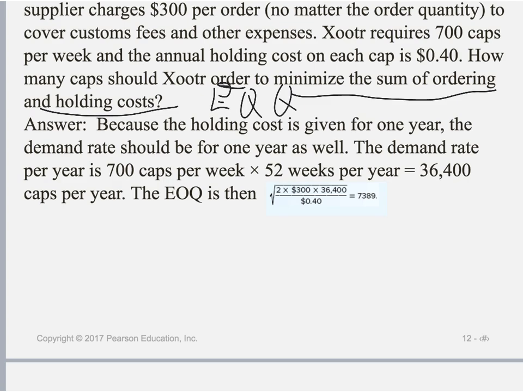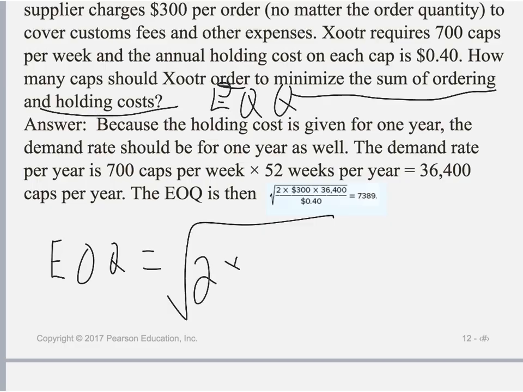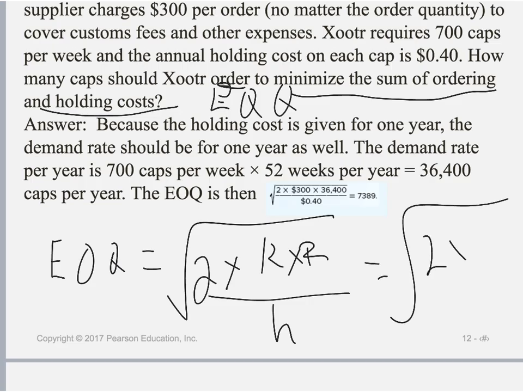Okay? So EOQ is equal to the square root of 2 times K times R divided by H. So we know the square root of 2, we were told $300 for every order, times our annual demand.